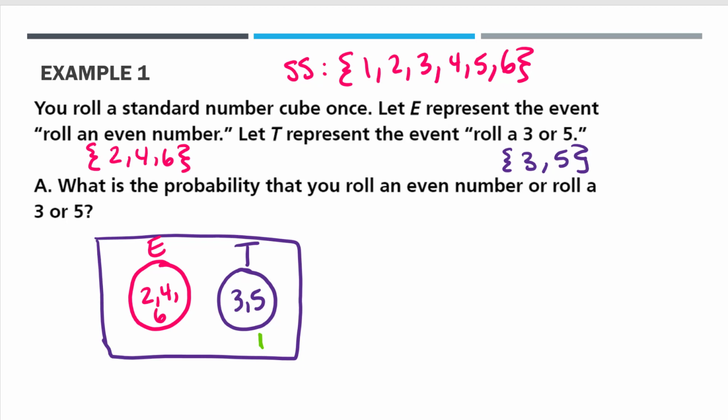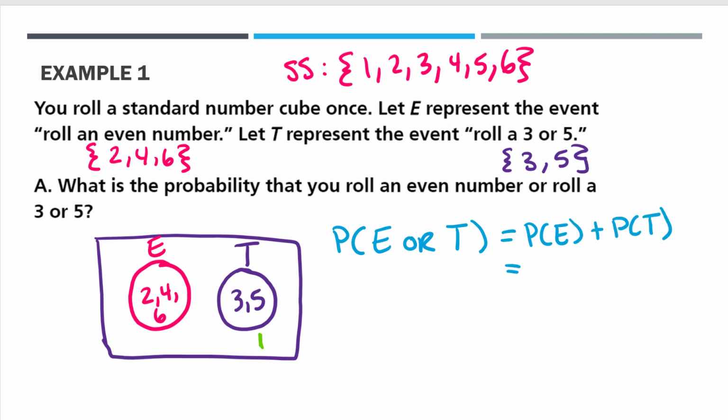So what is the probability that you roll an even number or roll a 3 or a 5? So the probability of event E, because that's our even number, or a 3 and 5, is equal to the sum of each individual. So the probability of event E happening. Event E has 3 outcomes, so that's going to be in our numerator, out of a total number of possible outcomes.